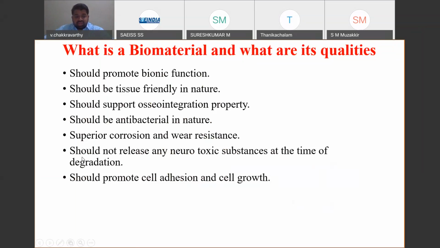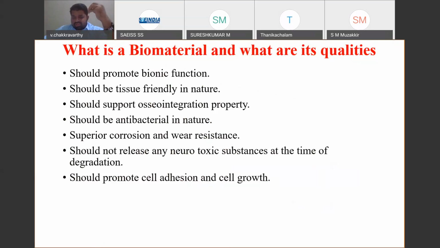The other thing is that it should not release any neurotoxic substances at the time of degradation. For example, you can take stainless steel 316L. In stainless steel 316L, the nickel content will be up to 10 to 12%, minimum 8 to 12.